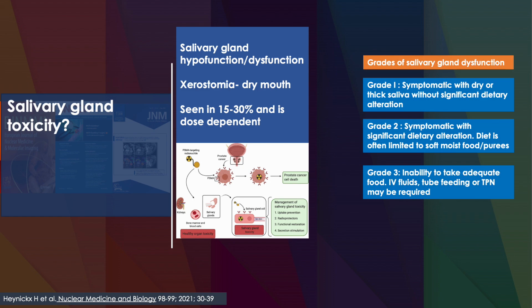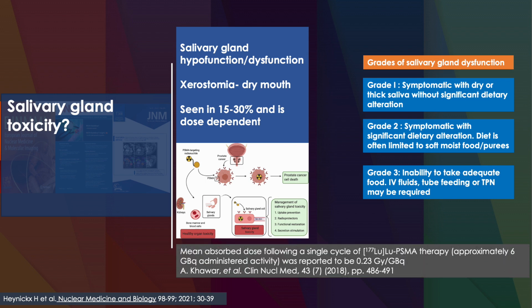Grade 1 salivary gland dysfunction is symptomatic disease with dry or thick saliva without any dietary alteration. Grade 2 is symptomatic with significant dietary alteration, and diet is often limited to soft and moist food. Grade 3 is very problematic, when the patient has an inability to take adequate food. You have to give IV fluids, or TPN may be required.